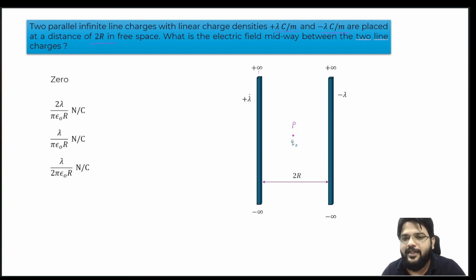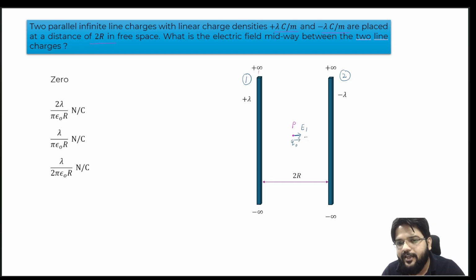We can see that on the first wire we have positive charge. So between the positive charge and this test charge we have a repulsive force, correct, E1 in this direction. And on the second wire we have negative charge density. So between this second wire and this test charge we have attraction.